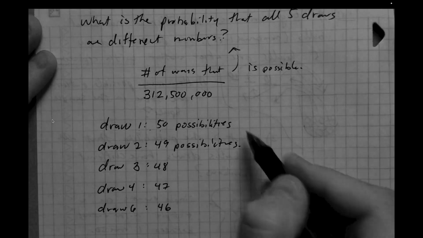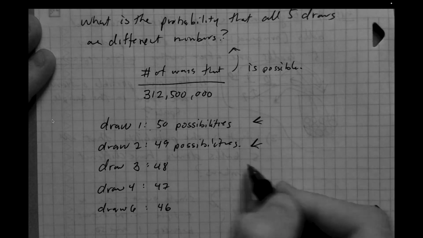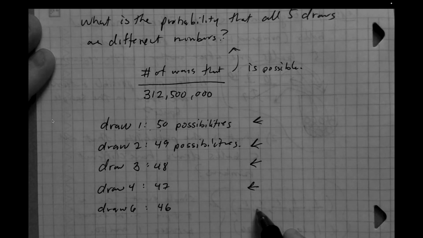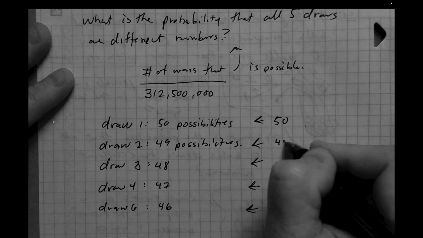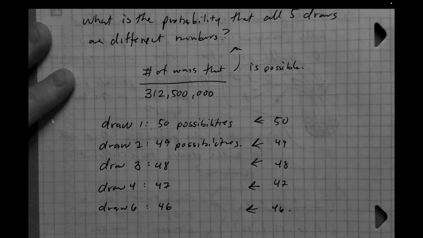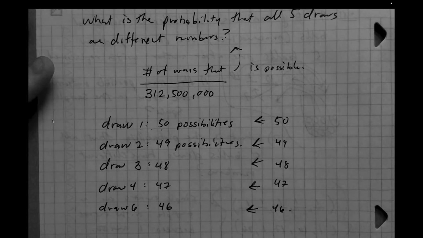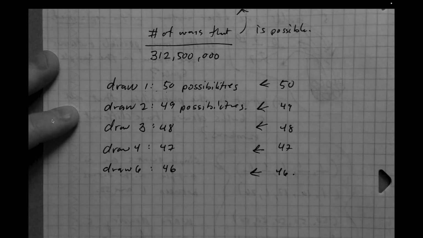Right, so this is again an MN kind of problem. This is the first group, this is the second group, the third group, the fourth group, the fifth group. So I've got 50 here, 49 here, 48 here, 47, 46. And so really the number of ways to draw combinations that are all 5 distinct would be the product of all of these things, just the MN rule.